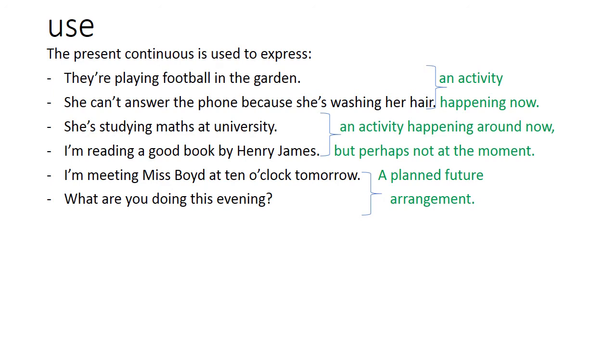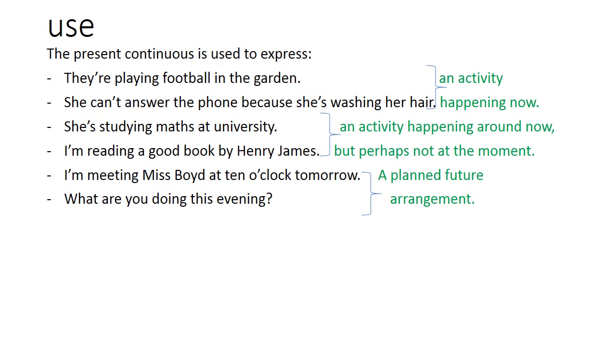The second use of the present continuous is for an activity happening around now, but perhaps not at the moment. Example, she's studying math at university. Or we can say, I'm reading a good book by Henry James.